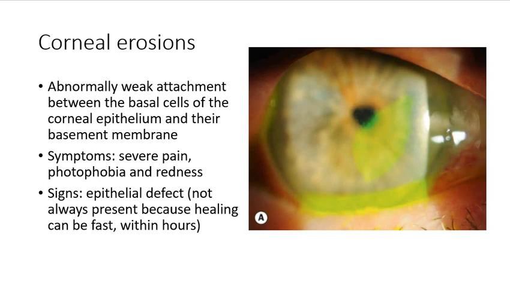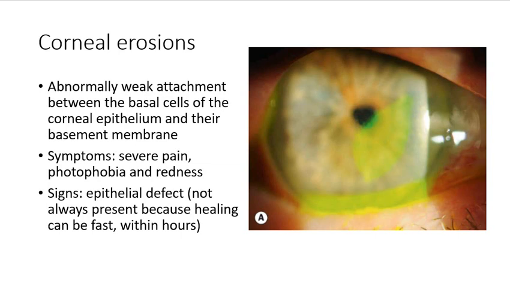Things like minor trauma, just simply the lids rubbing on the cornea during sleep, can cause an erosion, and the intervals that the patient experiences can be variable, and they can occur regularly in a short period of time, or patients can have recurrent episodes a couple of years after their first presentation.